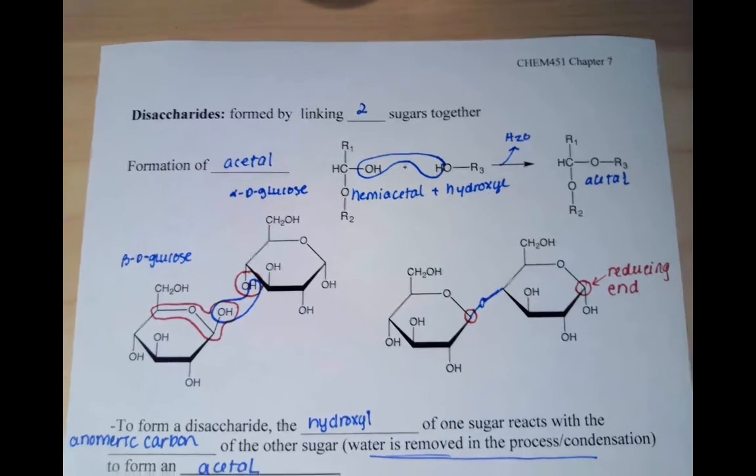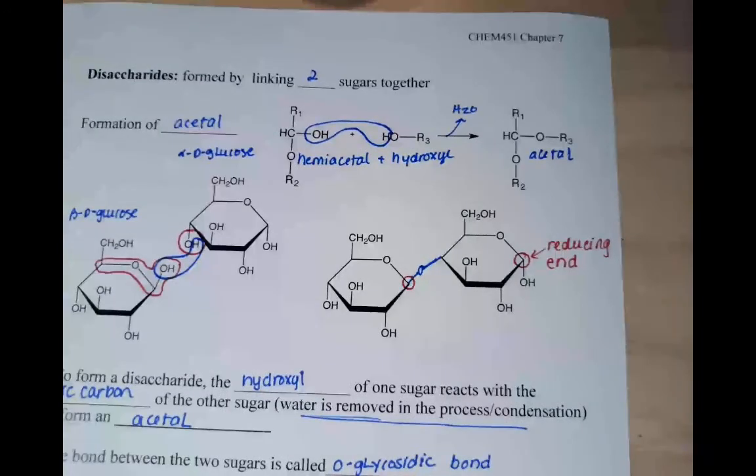Now, there is actually a systematic way to name a disaccharide. However, it's somewhat complex, and also I don't really think it's that useful a thing to learn. It's just more information that you have to retain without it serving a purpose.